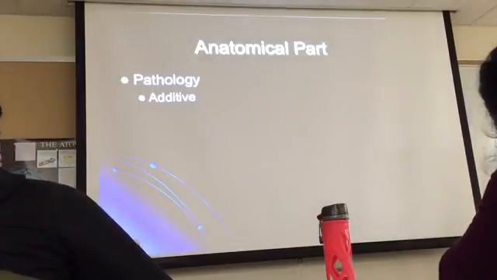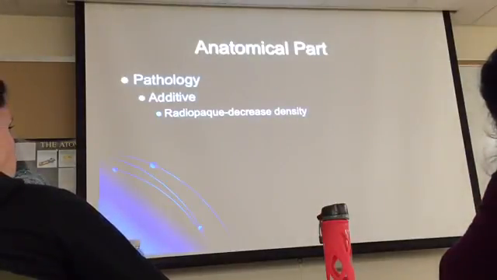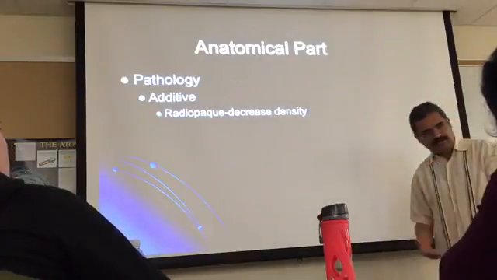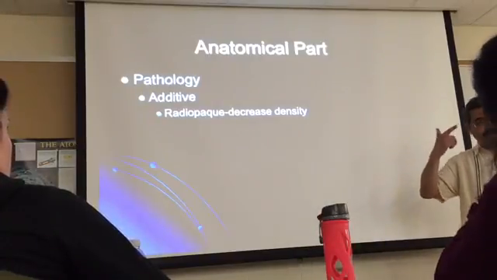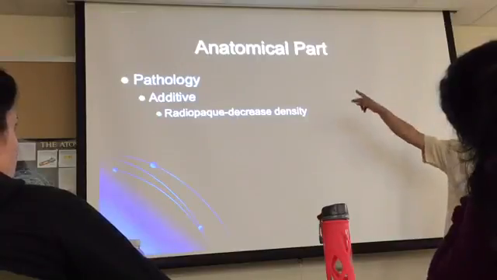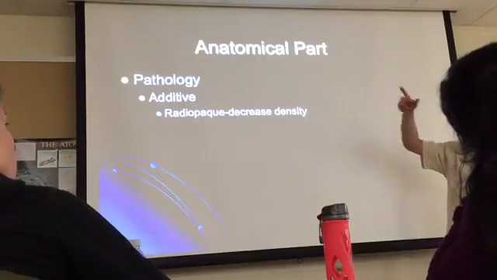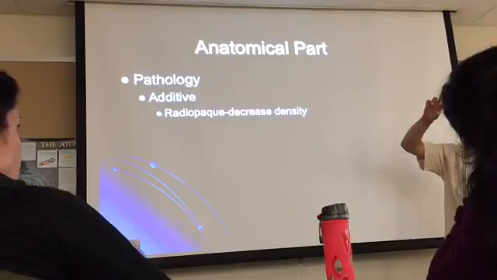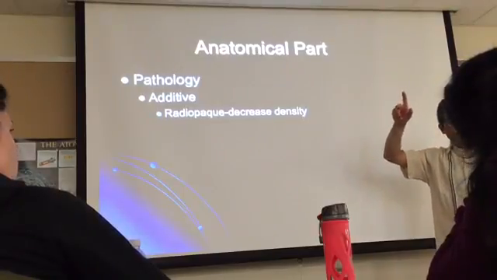Okay. So there is some pathology there that is additive. Additive means that it's going to add density, anatomical density. Remember, first class when I presented this subject, I said there is photographic or radiographic density, and then there is anatomical density.